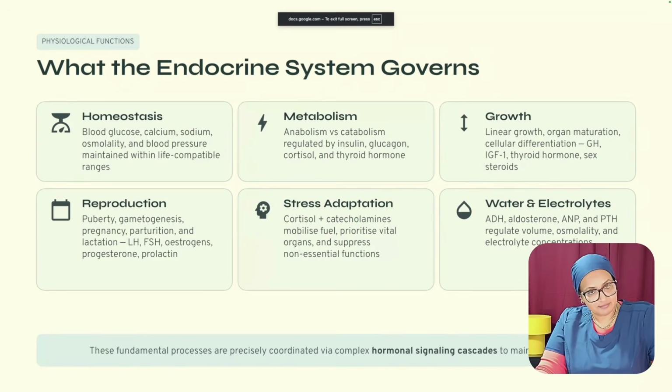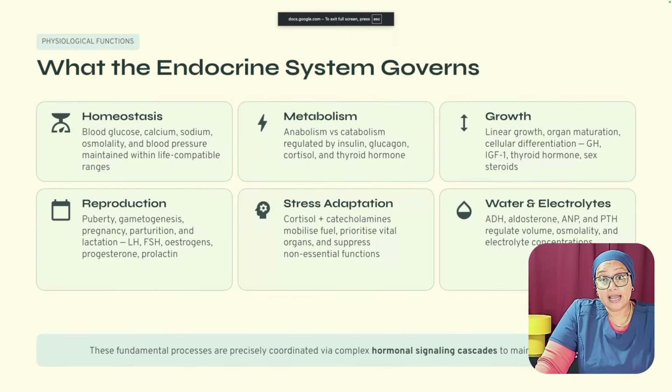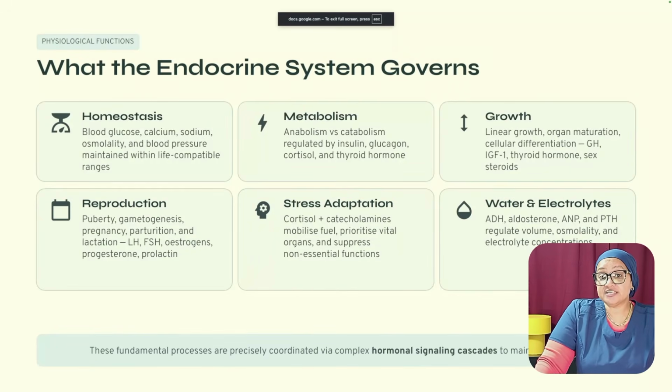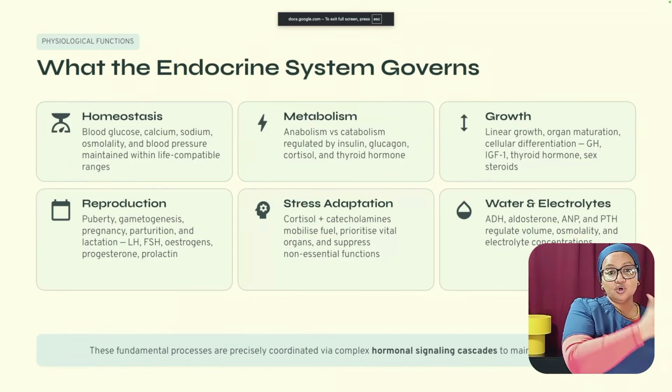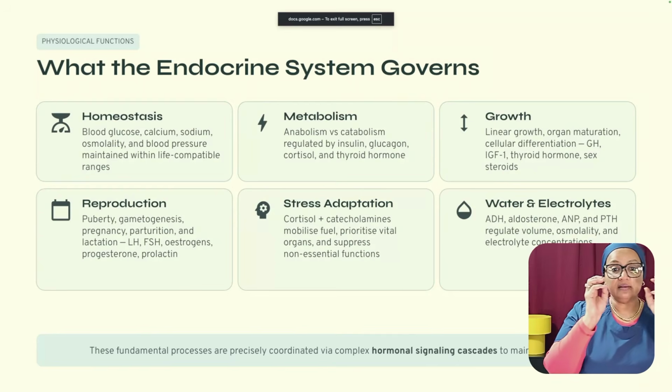Okay, the major physiological territories that the endocrine system governs are, first, homeostasis. Homeostasis is the processes involved in keeping the internal milieu of the body stable in terms of a number of variables: blood glucose, blood pressure, then the temperature.